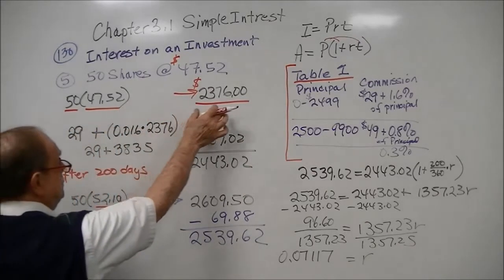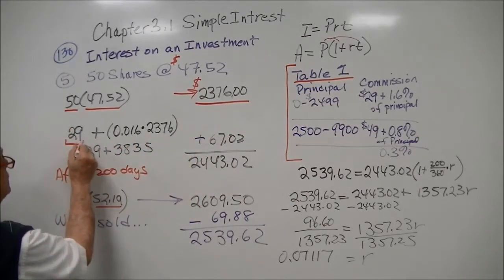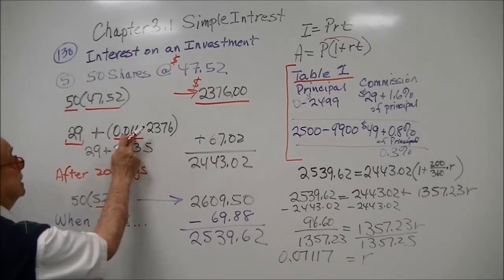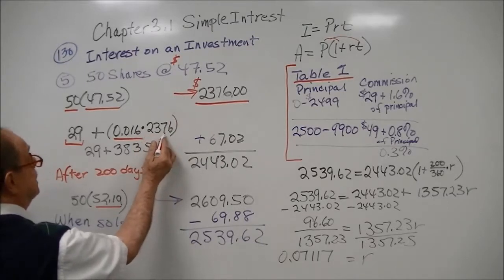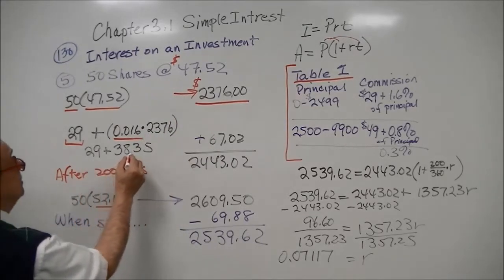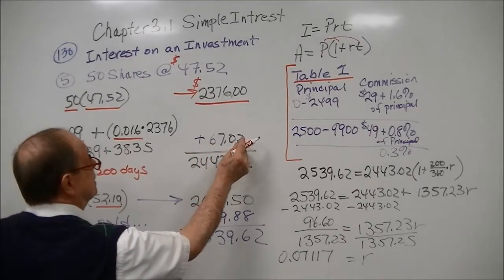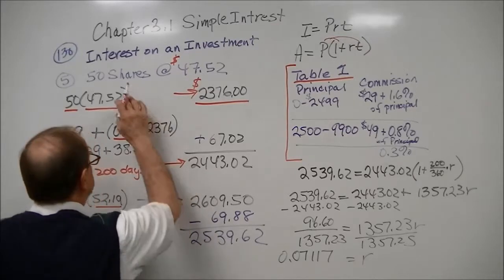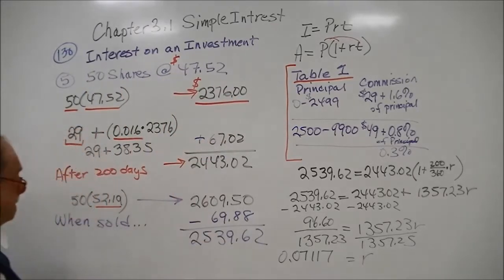So there's your investment. They charge this, and you're paying 1.6% of that amount, and that comes to $67.02. So this is what you paid for these 50 shares of stock at the time.